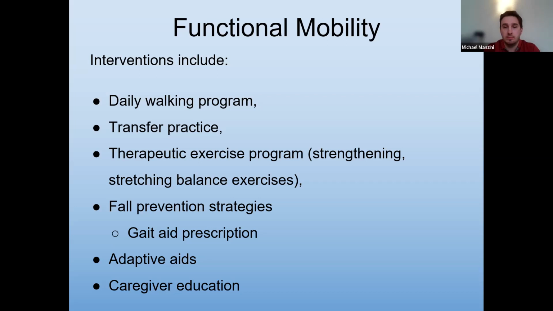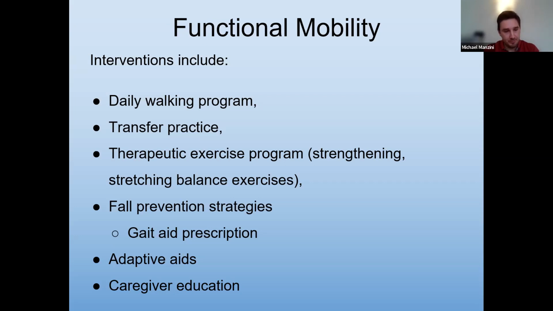Therapeutic exercise, that's something I'll speak to more on the next slide. Fall prevention strategies, and especially using gait aids or other tools to help maintain mobility and independence while reducing the risks. Adaptive aids like reachers or other types of aids to help with dressing can also be helpful for maintaining functional mobility and practicing.